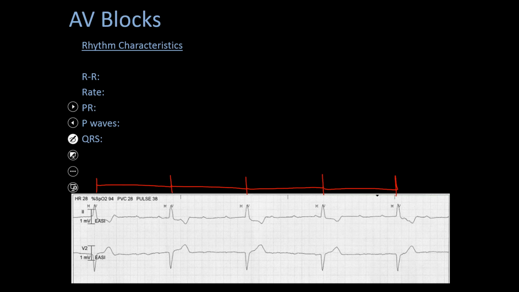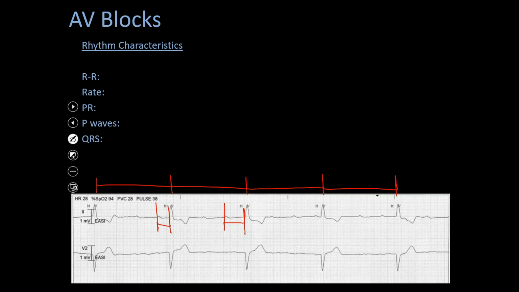Well, second degree type 2, the PR is consistent. So do I have a consistent PR anywhere? No, not at all. So it can't be second degree AV block type 2, which leaves only third degree AV block. So it's third degree AV block and either has a junctional escape rhythm or a ventricular escape rhythm.